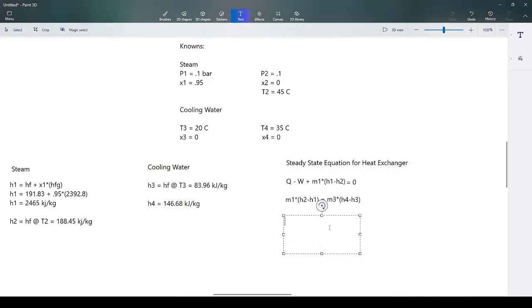So we have M3 over M1, which has to be equal to what? If you move M1 over to the other side and divide, you will end up with H2 minus H1 over H4 minus H3.